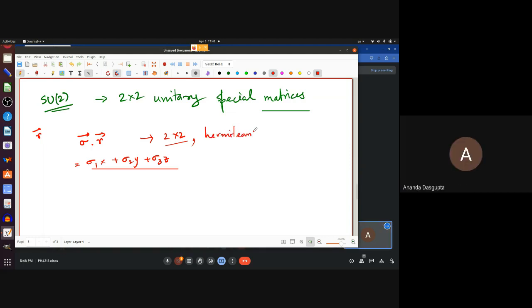Great. Because all the sigma matrices are Hermitian. Anything else? Any other special property which all the sigmas have and which is preserved by linear combination?